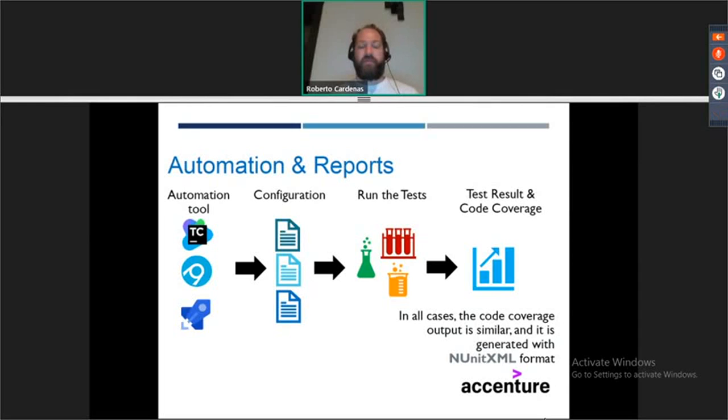So in the automation and reporting, you can do integration with TeamCity, with Octopus Deploy. You can do Azure. You can do any other integration server like Bitbucket, Jenkins. And then the configuration is going to be a little bit different. But remember, everything that you specify in your test is going to be the same.